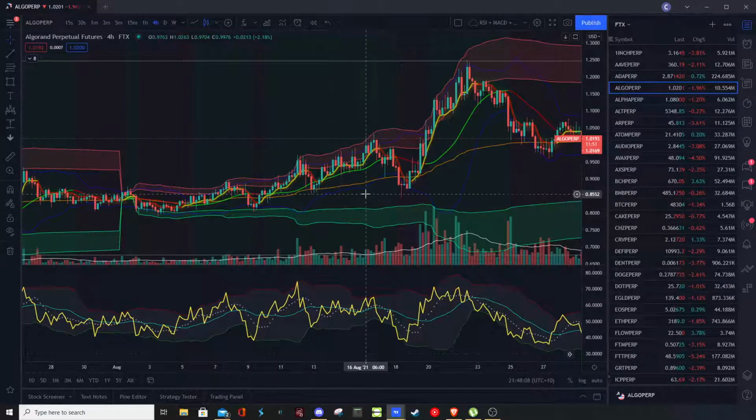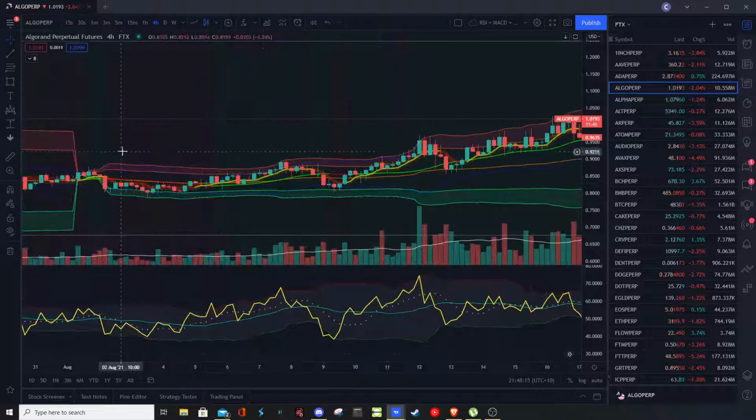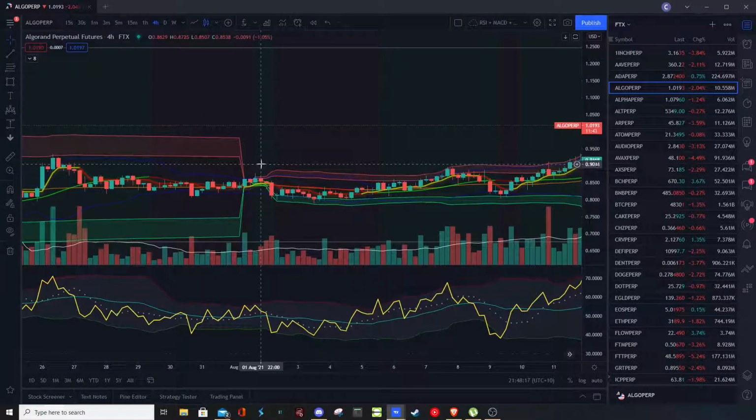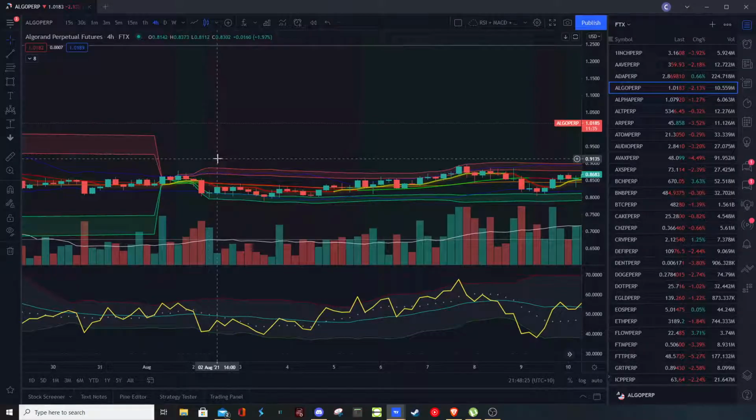Okay, so when we start at, say, the 1st of August here, it's always going to start like that, with pretty much all lines together, the standard deviations and VWAP, because there's potentially no price action, unless it just goes and goes and goes. It goes parabolic and jumps from 80 cents to $1 here, then it would be huge.